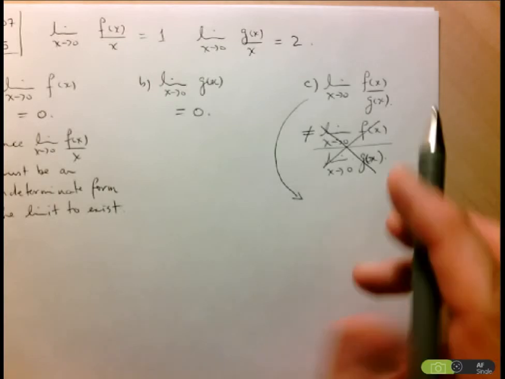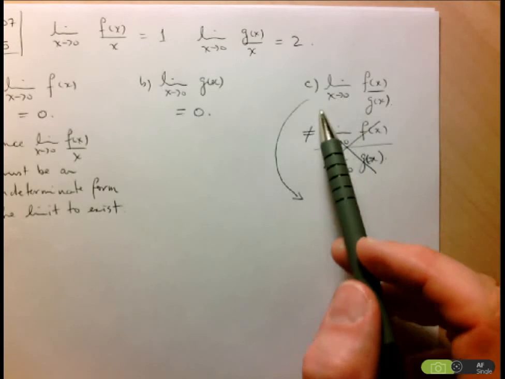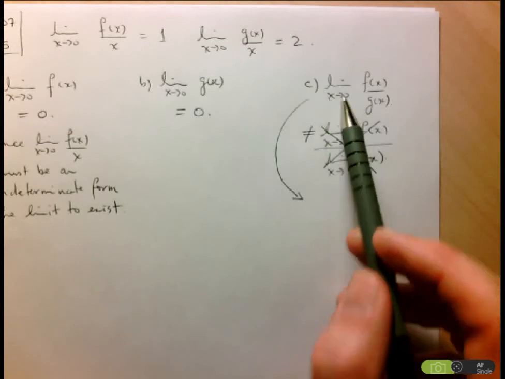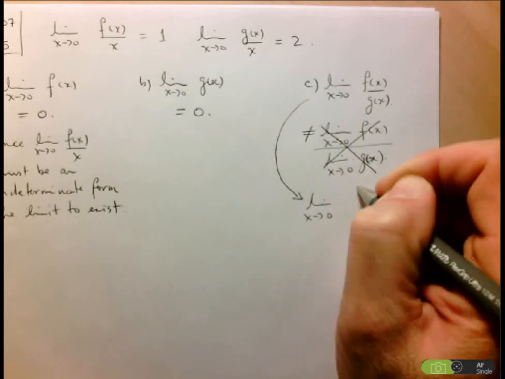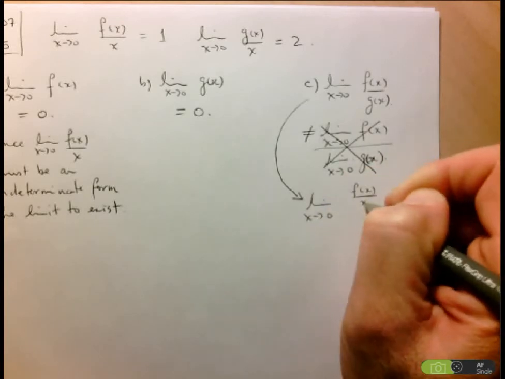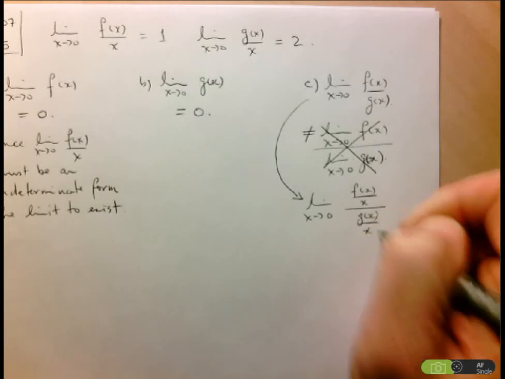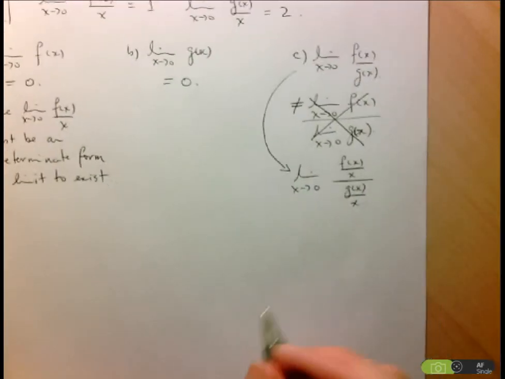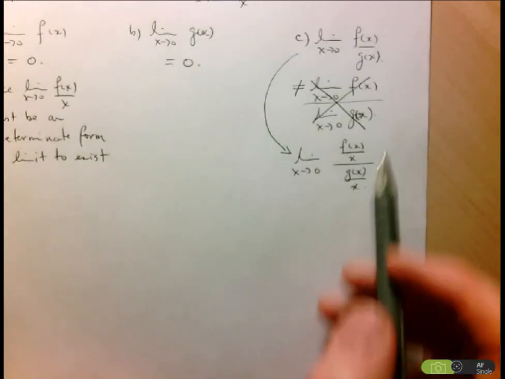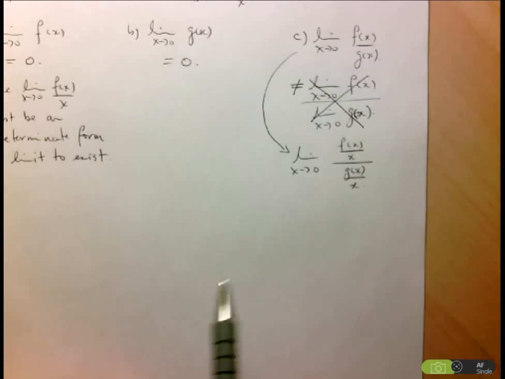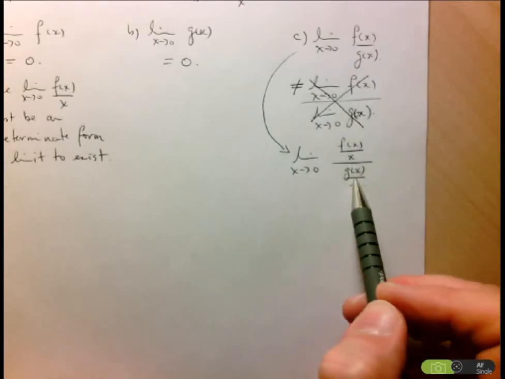Here, I don't have to worry about x being equal to 0, because the only thing I'm interested in is when it's close to 0. So we can rewrite this as the limit as x approaches 0 of f of x over x divided by g of x over x. Now I can use the division rule from the properties of limits, because the numerator approaches a real number, the denominator approaches a real number, and the denominator does not approach 0.